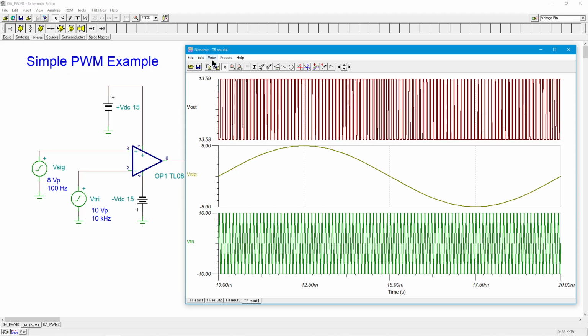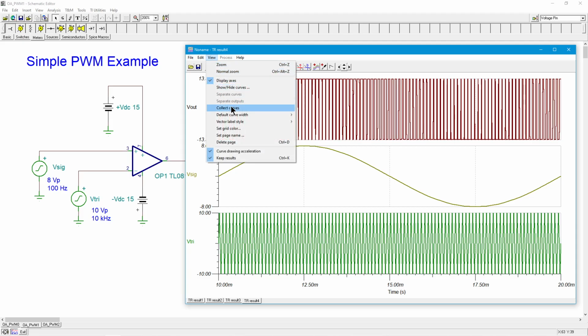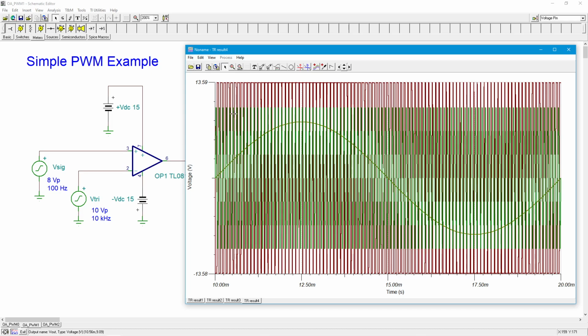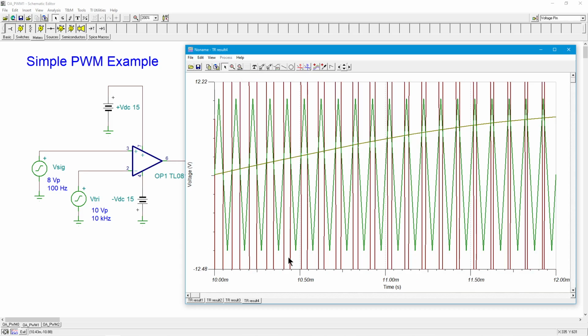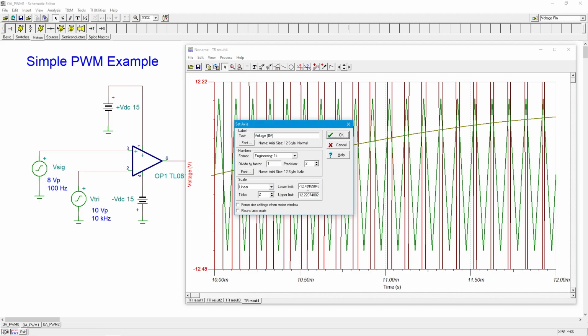Now, to see this a little bit better, now that we have some idea, we're going to zoom in on this. I'm going to change the scale on here so that we can see this a little better. Make that -20.